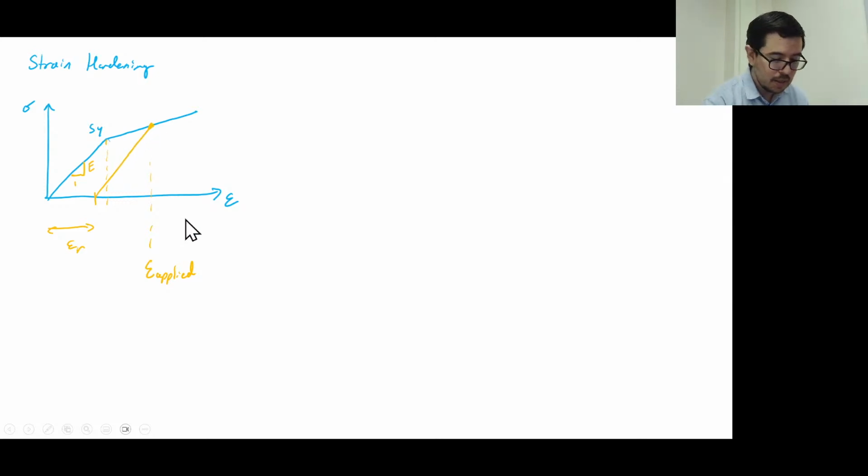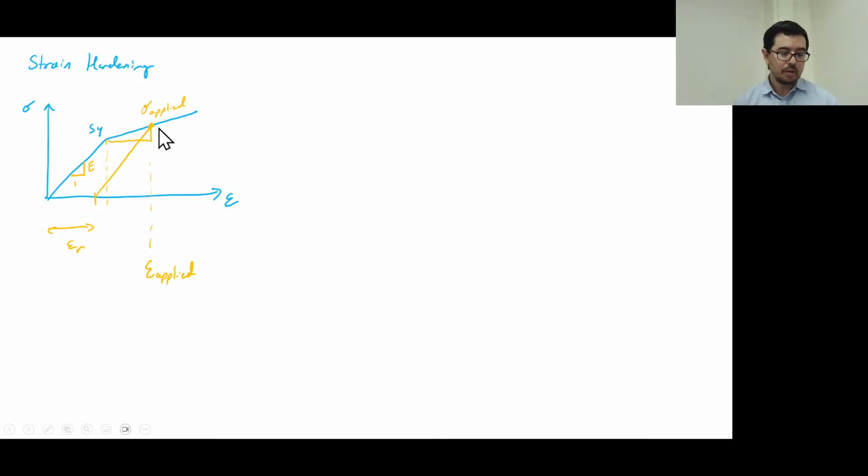Because this sigma applied is going to be dependent on this triangle as well. So to figure out how far down we go, you've got to know this height, or figure out how much further up from SY you've gone. And then you can figure out how that will help you with the epsilon applied.